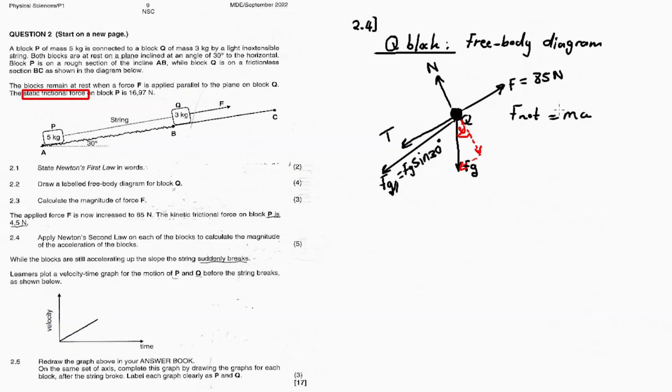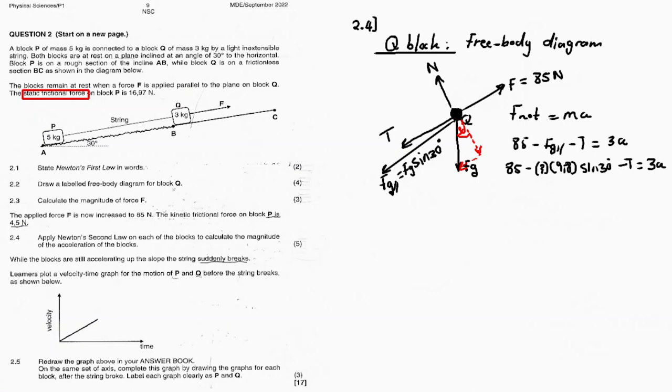So F net, if I'm choosing up as positive, 85 minus FG parallel minus tension equal to mass, for Q it's 3, times A. 85 minus mass times G, 3 times 9.8 sine 30 degrees minus tension is equal to 3A.